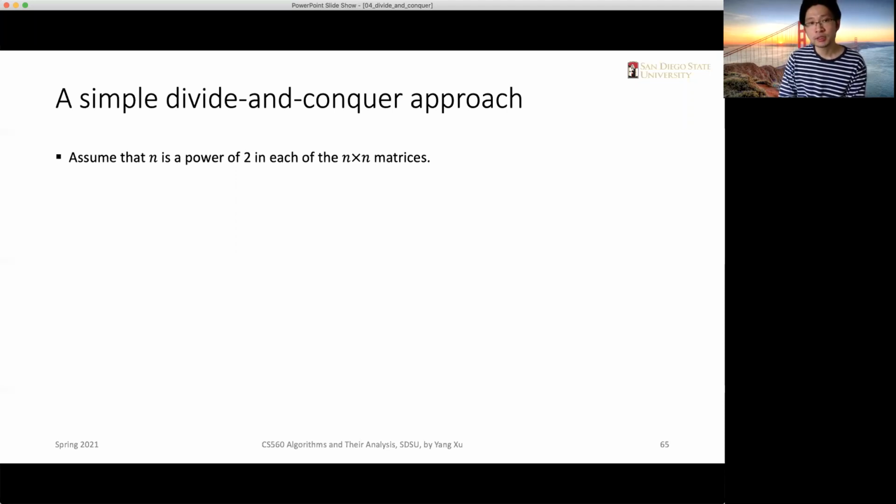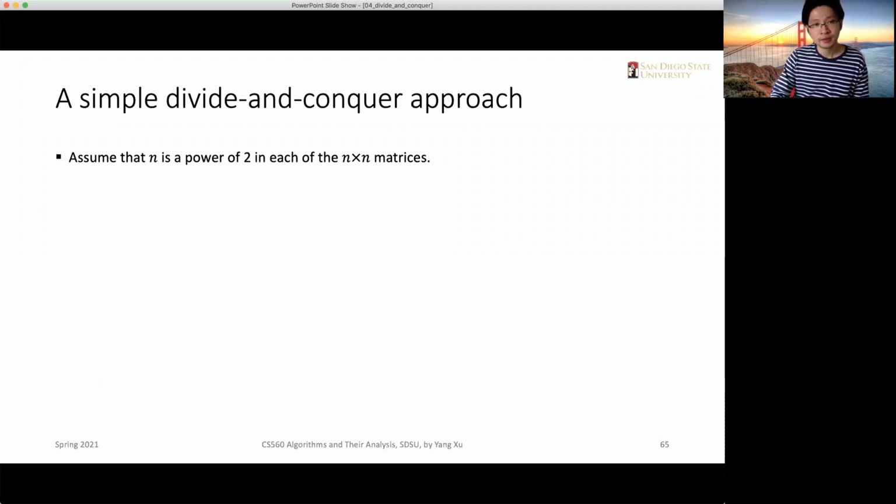So as we usually do, we take some simplified assumption. We assume that the size of the matrices is exactly a power of 2, so that they can be easily divided. This is a trick that we mentioned when we divided the input sequence when we talked about merge sort.